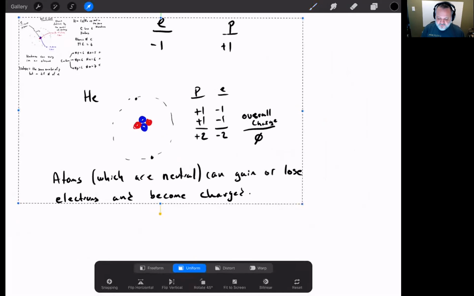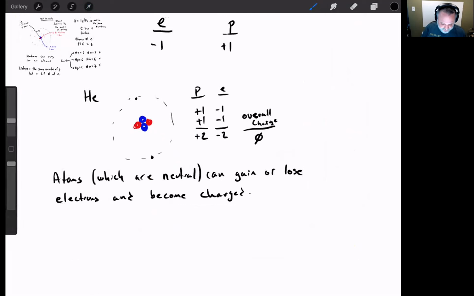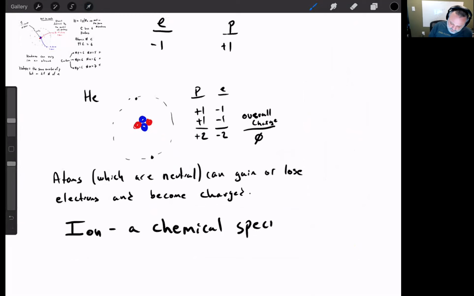There's a word for something that is charged from the perspective of a chemical species, and the word is ion. It's a chemical species that is charged.